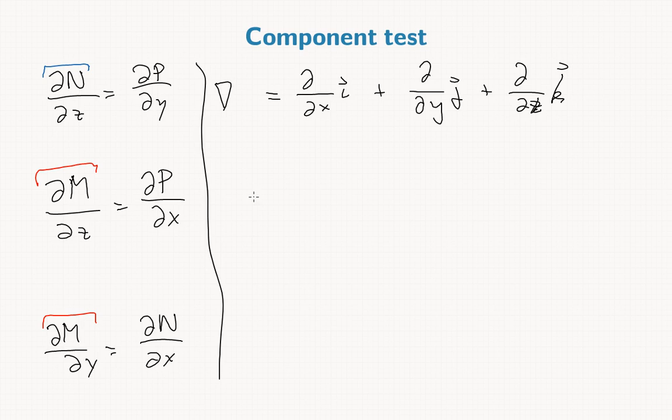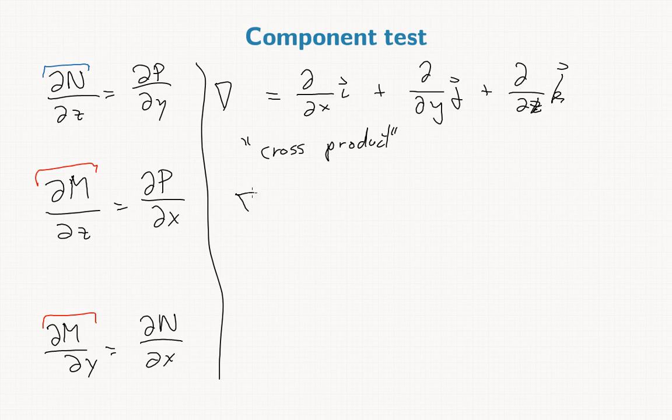We're going to consider the cross product of this vector, nabla, so I shouldn't have written an arrow over nabla.